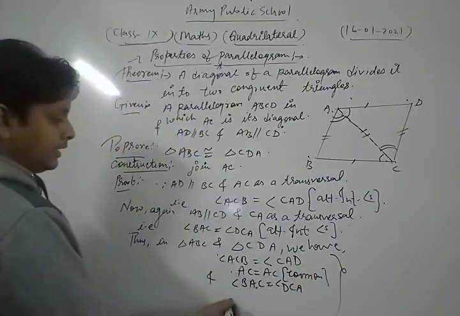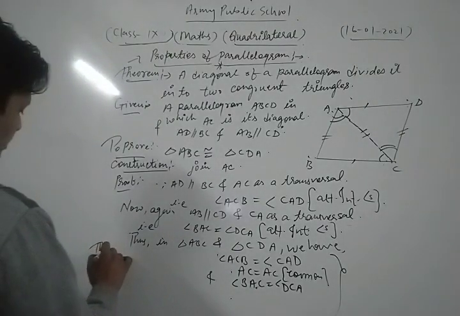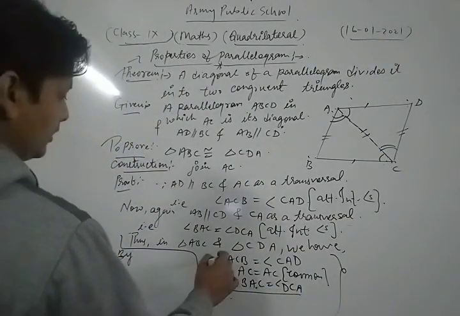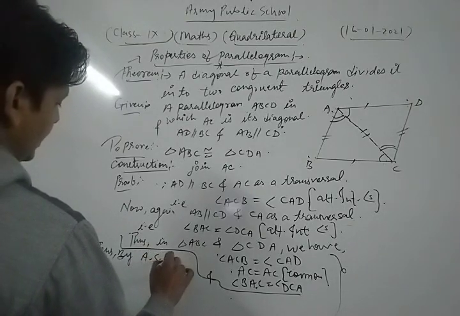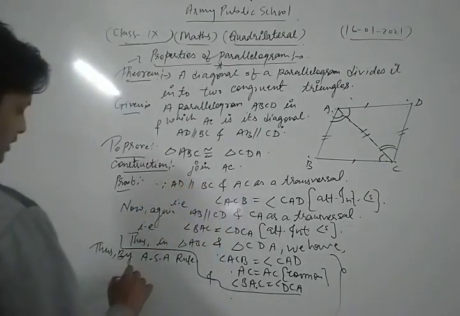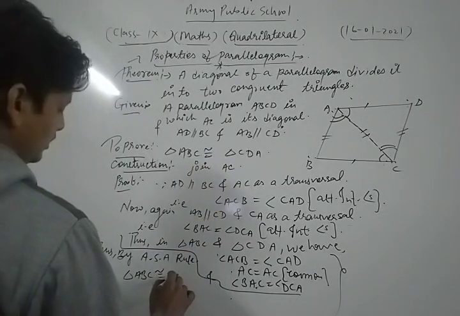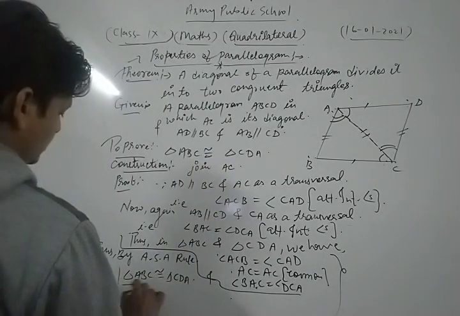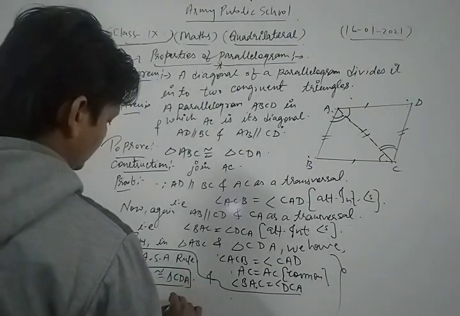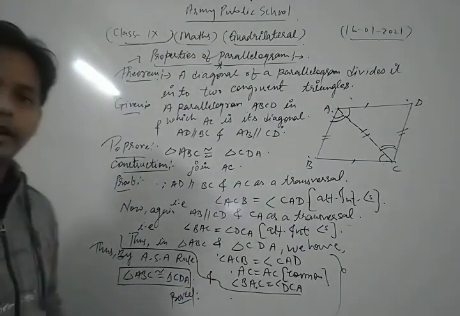Thus by the angle side angle congruency rule, triangle ABC is congruent to triangle CDA. Hence proved.